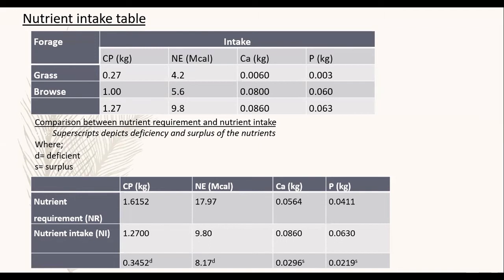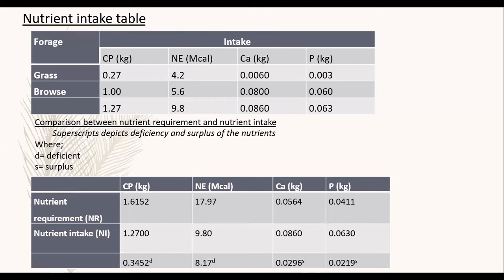The nutrient intake by the animal: for the forage, the CP inside the forage is 0.27. For the browse, the CP is 1 kg. If you add everything, it is 1.27 for the net energy, for the calcium, and for the phosphorus. So that means the nutrient requirements minus nutrient intake.